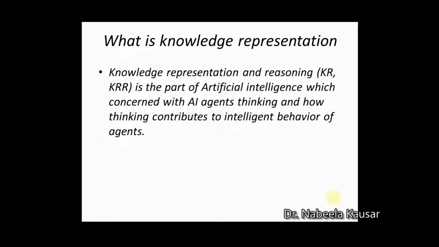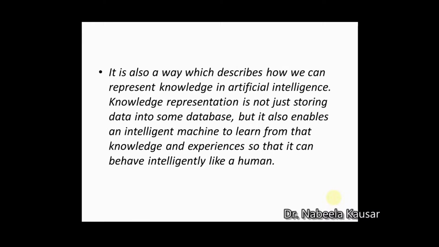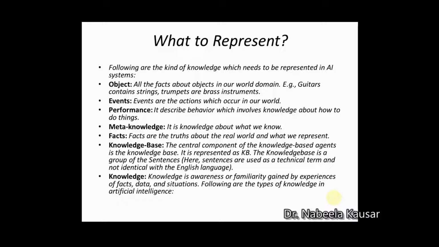We discussed what is knowledge representation, and then we discussed what is to be presented as knowledge. First we discussed the object: all the facts about an object in our real world domain, as Islamabad is the capital of Pakistan, a guitar contains strings, trumpets are brass instruments, and events are the actions which occur in the world.